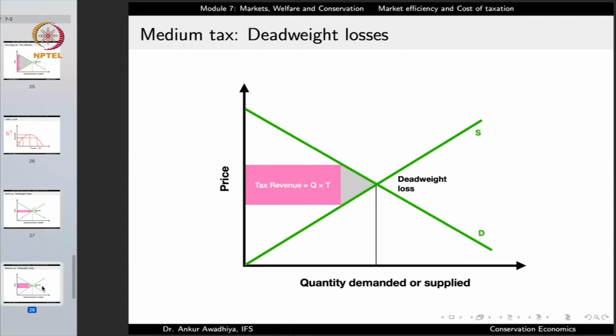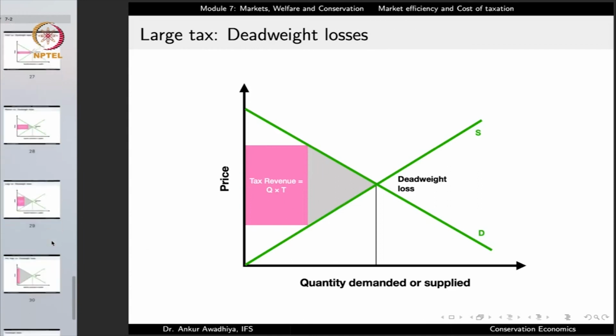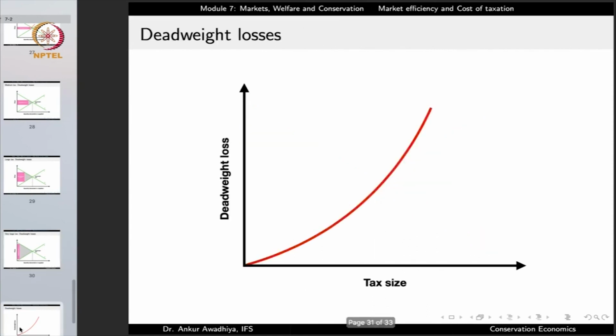When T increases, the area of the gray colored triangle increases. So the deadweight losses increase. When T increases even further, the deadweight losses increase even more. And for a very large amount of T, the deadweight loss is even more. So what is happening is that when T increases, the deadweight losses go on increasing.